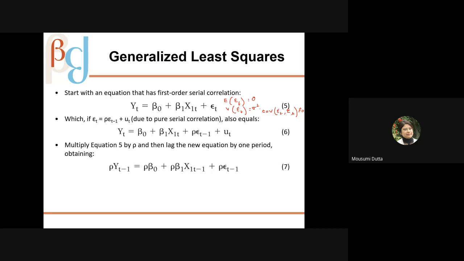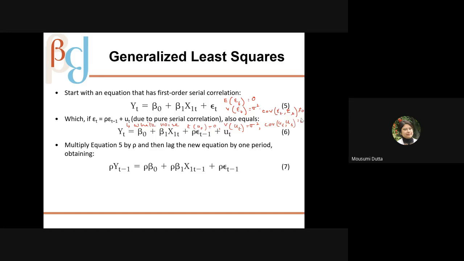And the second equation we are considering is epsilon t equals rho epsilon t minus 1 plus u t. Now this u t is a white noise.